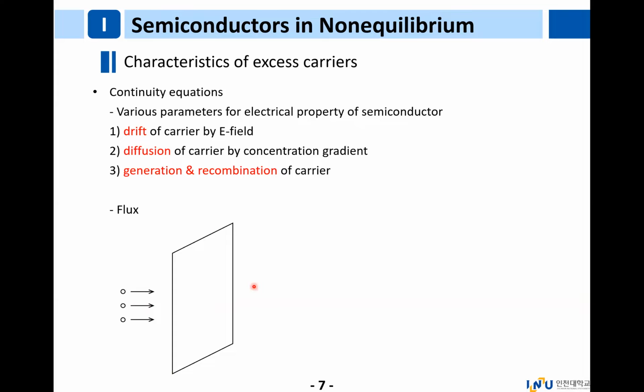So it represents how many particles pass through a unit area in a unit time. A flux can be easily calculated if we know the current density. We have already learned that the current density can be obtained by multiplying charge, carrier concentration, and carrier drift velocity.